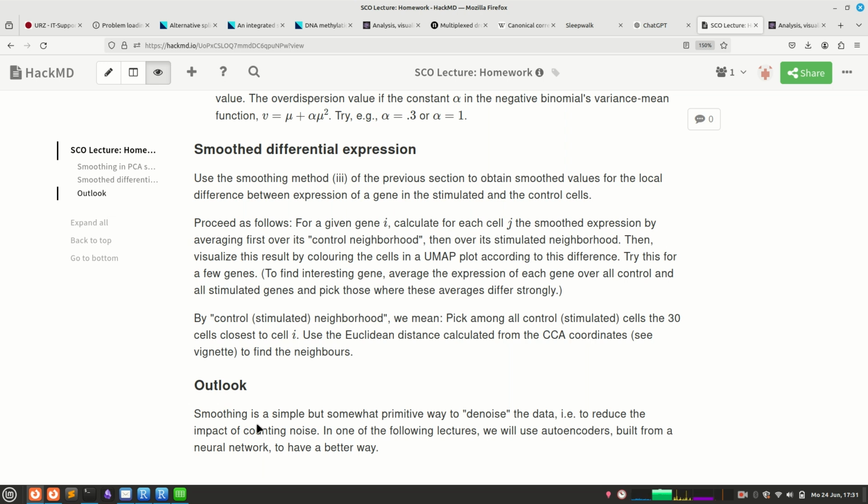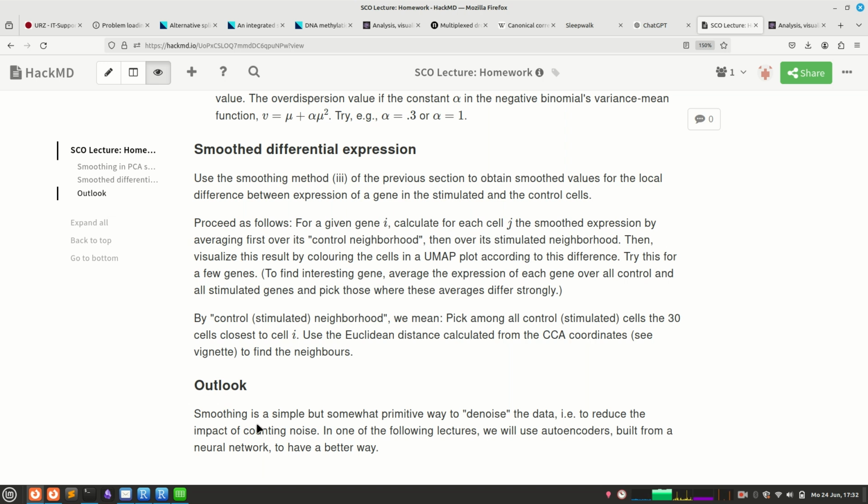Sometimes the cells might spread out, not be very dense, and if I smooth over 20 nearest neighbors, there might be a few cells which are already completely different. And this smoothing sounds like the easiest way you can do. You could refine it a bit by not taking these 30 nearest neighbors all with the same weight, but putting a bit higher weights to the cells which are closer and lower weights to the cells which are further apart. But in all these cases, it's sort of not perfect.